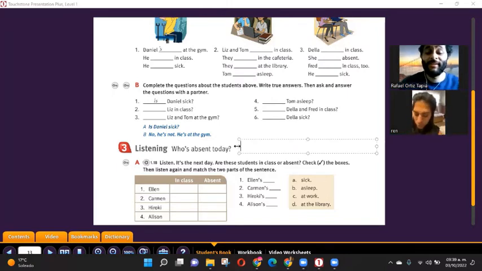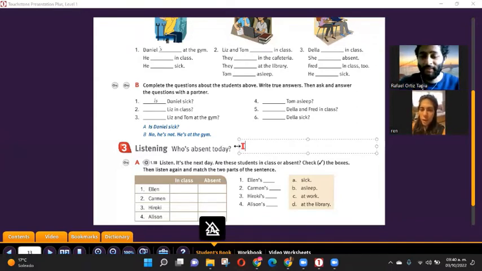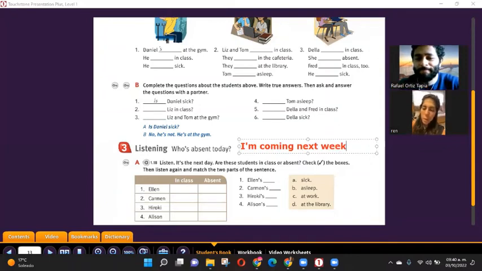So be careful because when you use coming in the ing form, you're speaking about the future. For example, I'm coming next week.